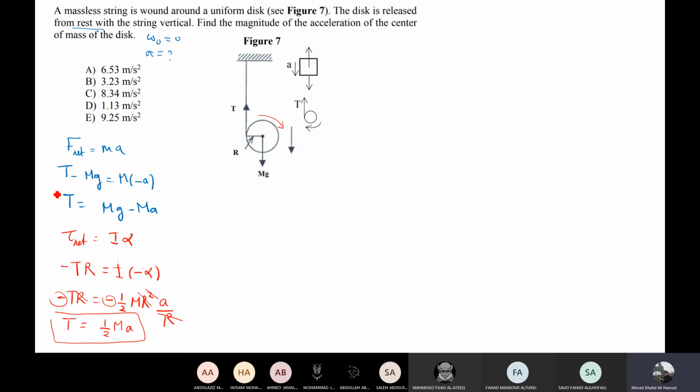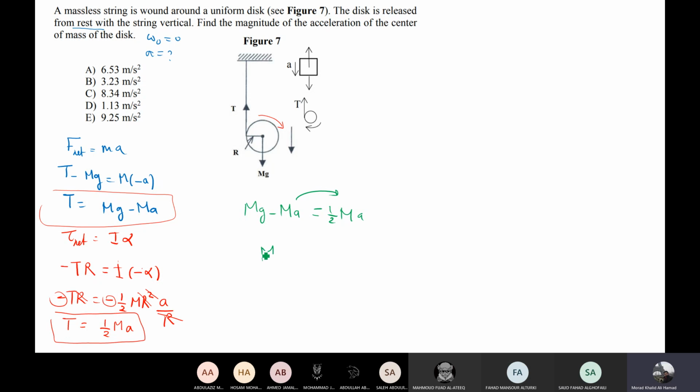Right? Yes. Now, since the tension is the same, I can say that mg minus ma is equal to half ma. I'm looking for a.